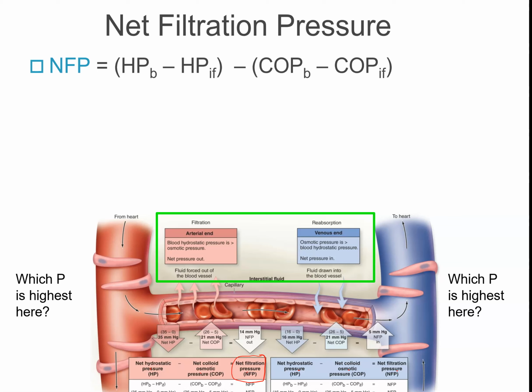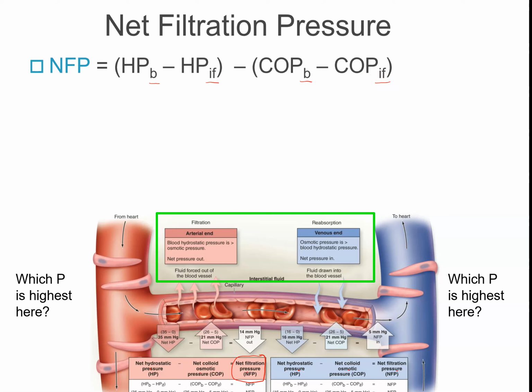You do not need to memorize this formula, but let's just look at it. In words, you should understand what it means. So this is your difference between your hydrostatic pressure in the blood compared to the interstitial fluid. Subtract from that your colloid osmotic pressure difference from the blood and the interstitial fluid.